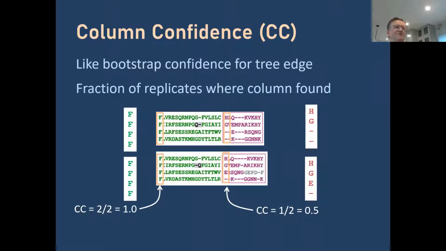The very first column is reproduced, it's perfectly conserved, and it has a confidence of 1.0. But if I look at the first column in the red region, you'll see it's not reproduced. It's only in one of the 2 replicates, so the confidence is 1/2.